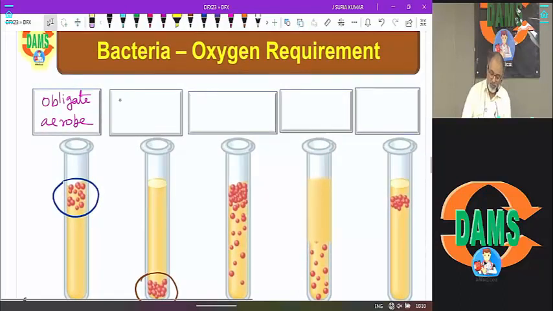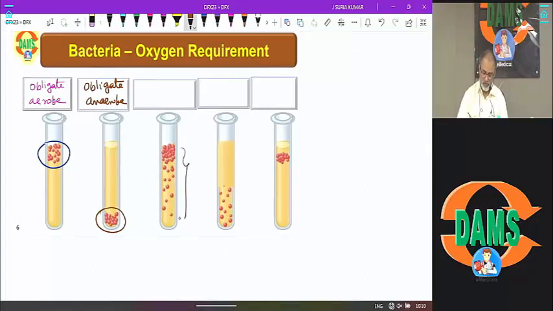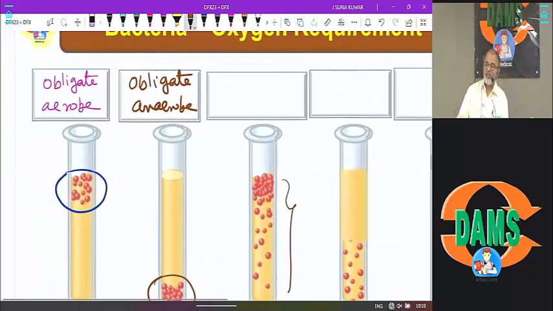Obligate anaerobe. Excellent. They will grow in all places, both facultative aerobe or anaerobe.